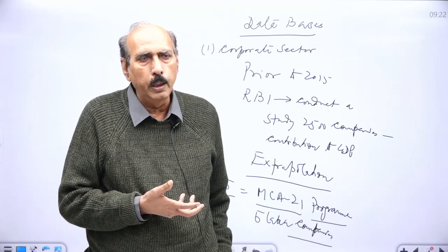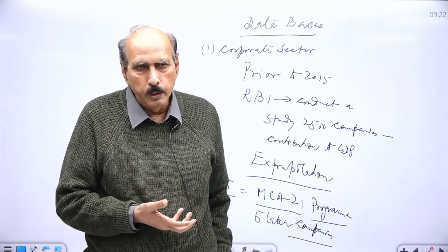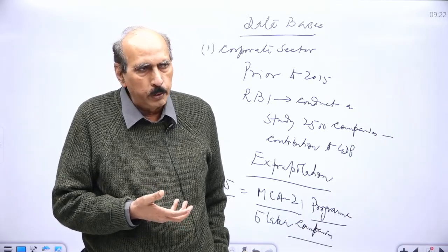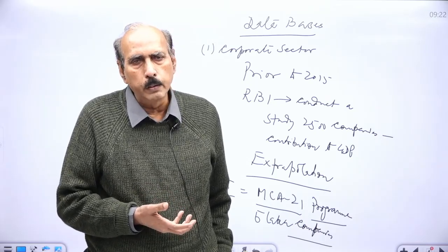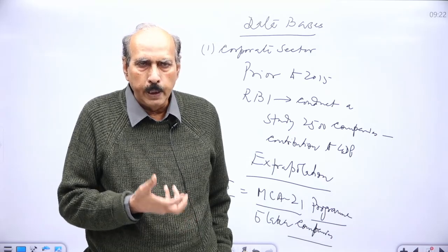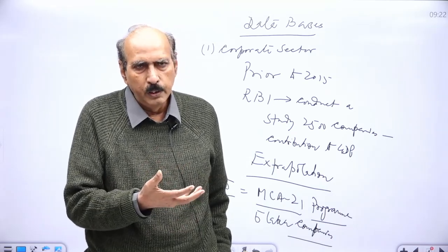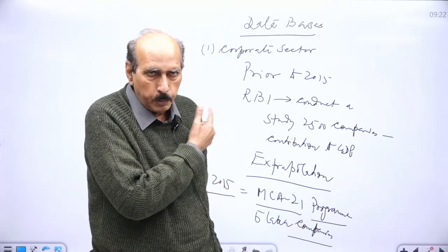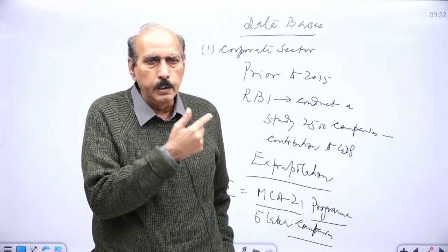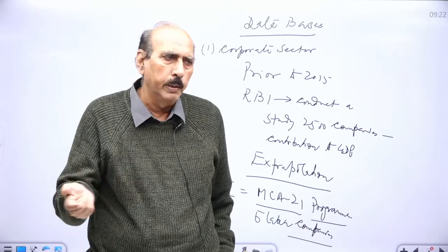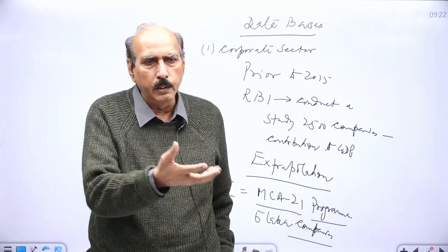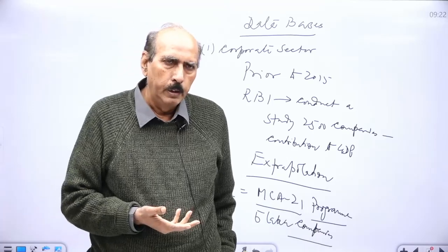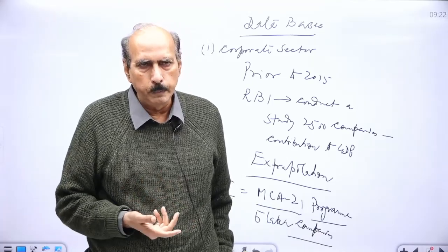Autonomous institutions and the local bodies, their contribution also has to be assessed. Earlier, we used to collect the data only from 4 states on local bodies and autonomous bodies. Earlier, prior to 2015, that is Delhi, Meghalaya, UP and Himachal Pradesh. 4 states se data aata tha, and we used to extrapolate for the other states based on that. That was a very rough kind of estimation.